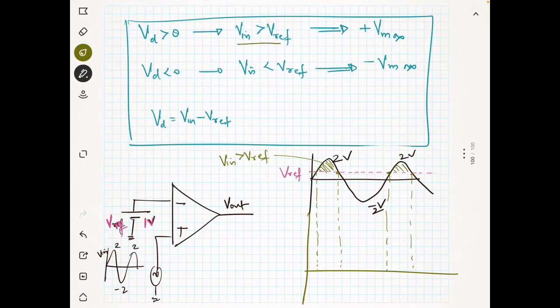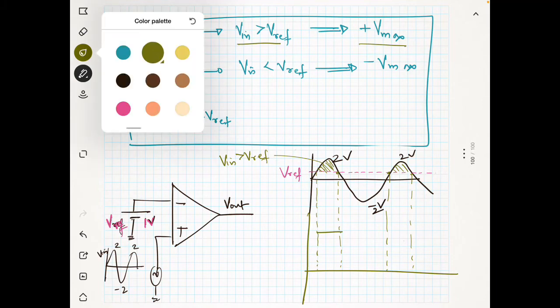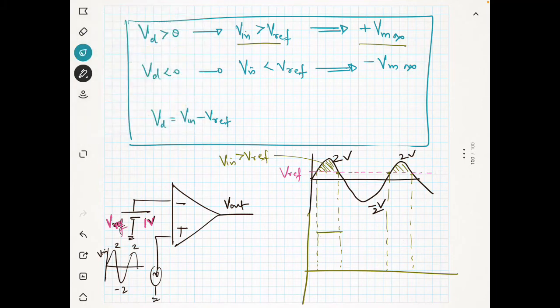If the input is greater than V reference, the output will be plus V max. And if I take any point below this, then the output will be minus V max.